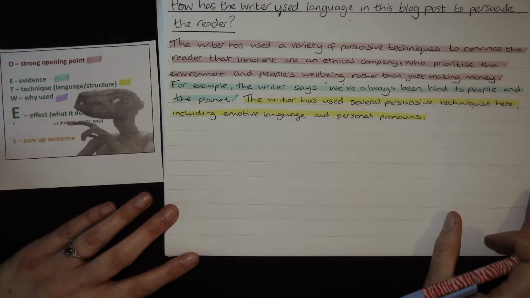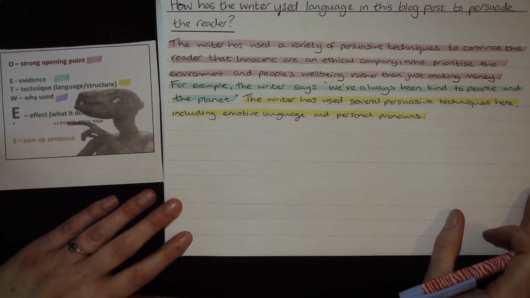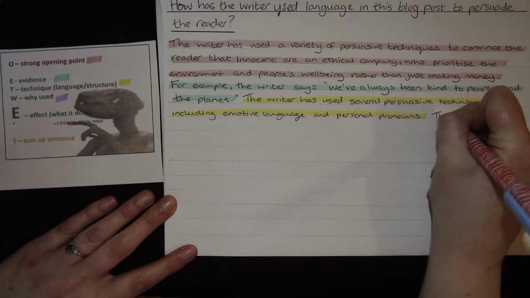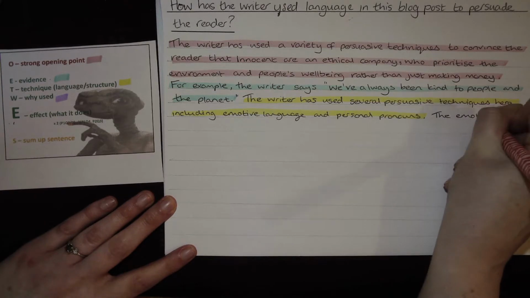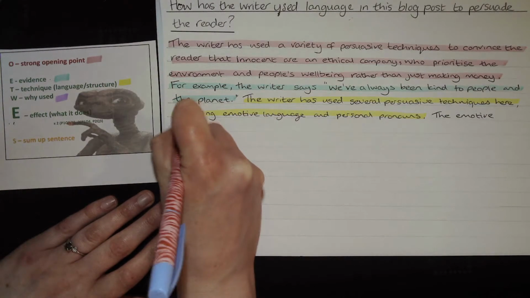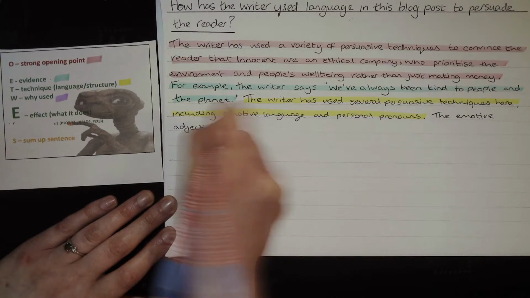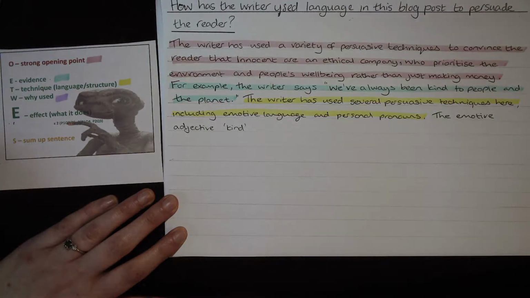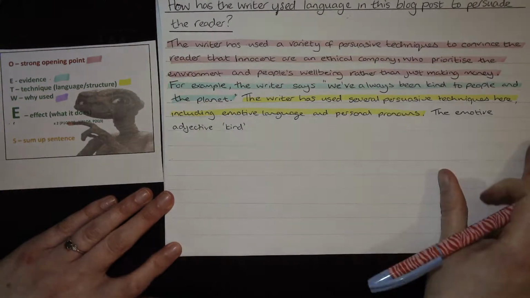So I'm going to start with the emotive language. I'm going to start by saying the emotive adjective kind. And why has the writer used this?